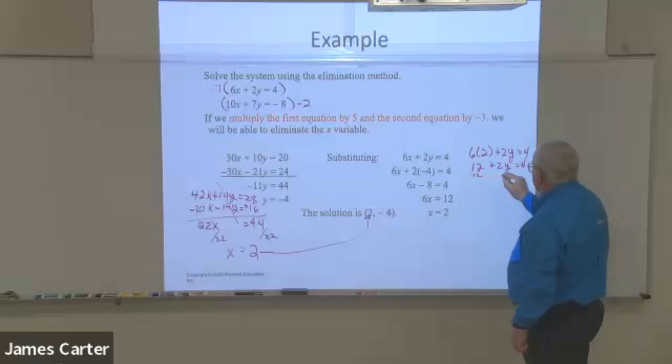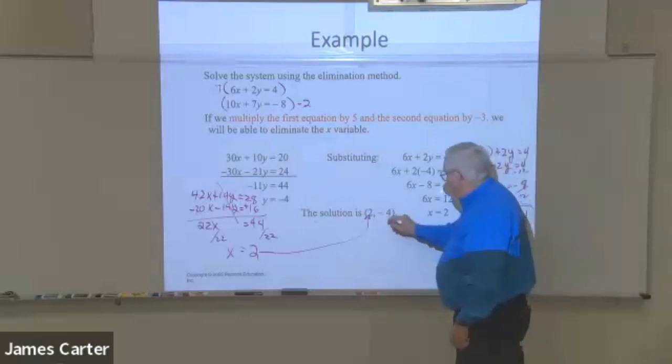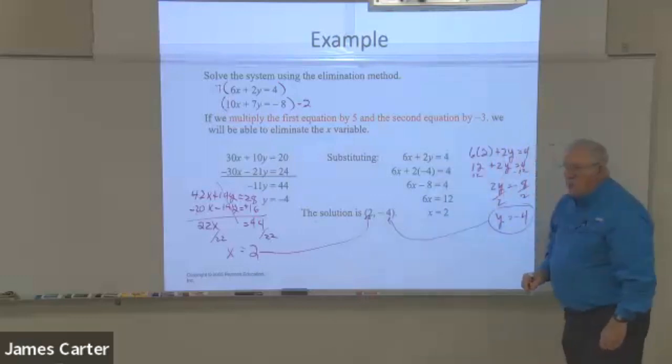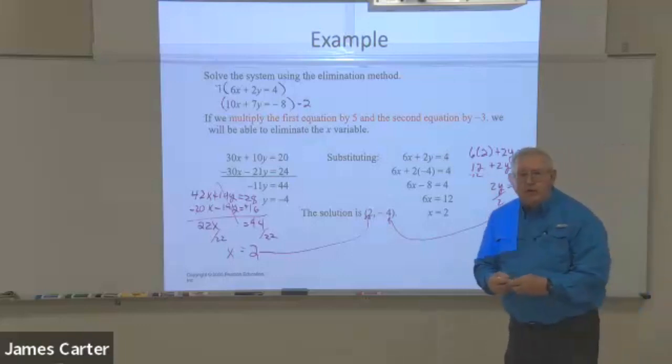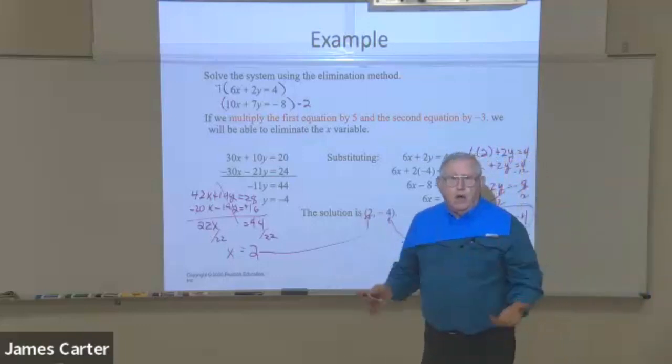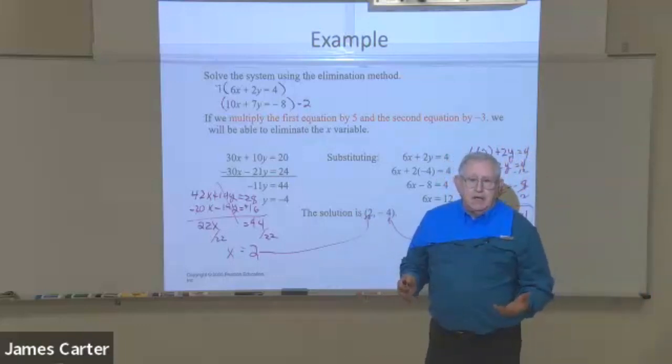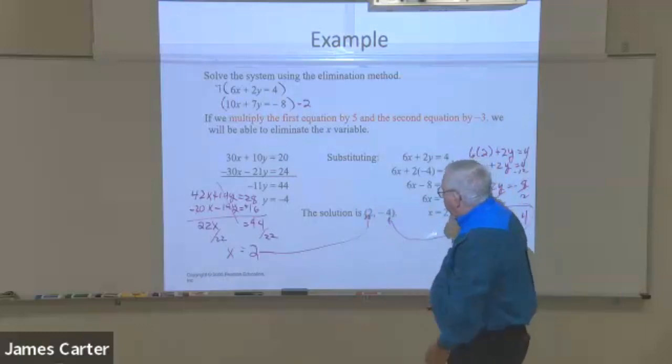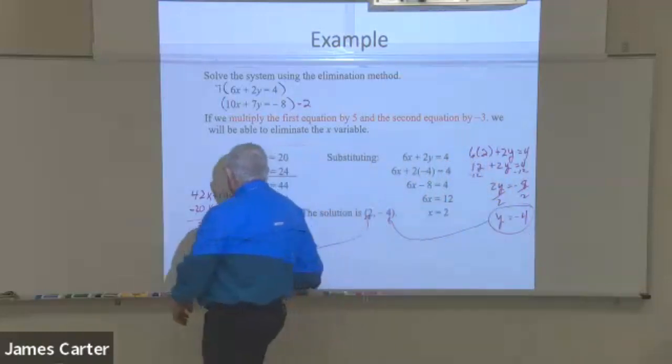Subtract 12 on both sides, and we get 2y equals negative 8. Divide by 2, y equals negative 4. So you see it'll work either way. It doesn't matter whether you decide to eliminate the x's or the y's. It's just a slightly different process.